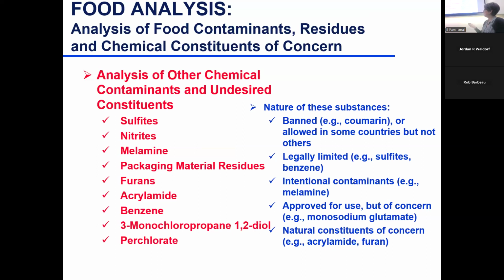So I'll give you examples on how these end up in the product. And there are others that I might not mention that are banned in certain countries, legally limited, and of concern, like the MSG in soy sauce, for example, causes headache for some people. They consume a lot of it.